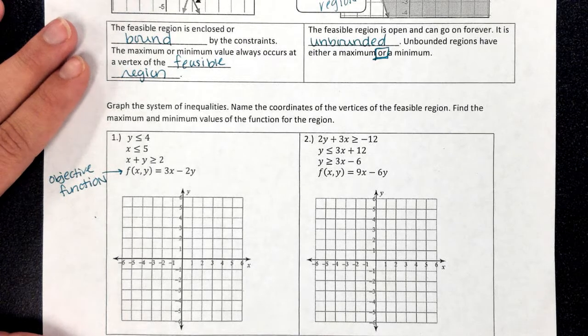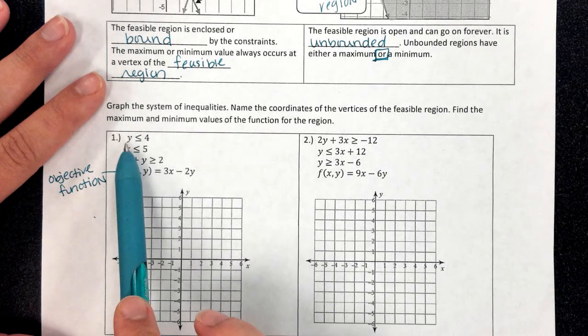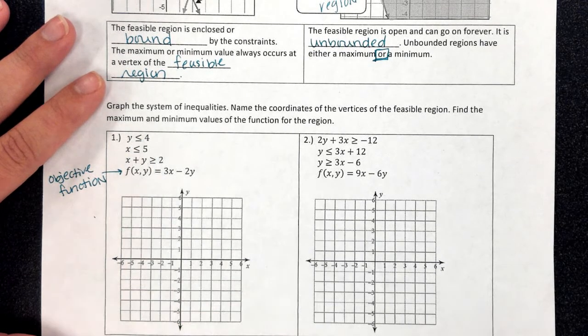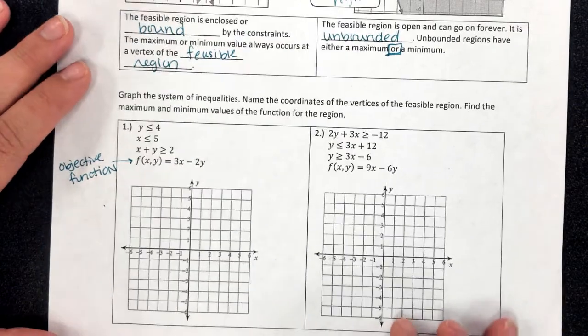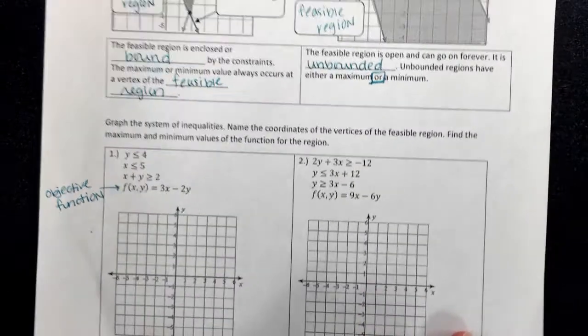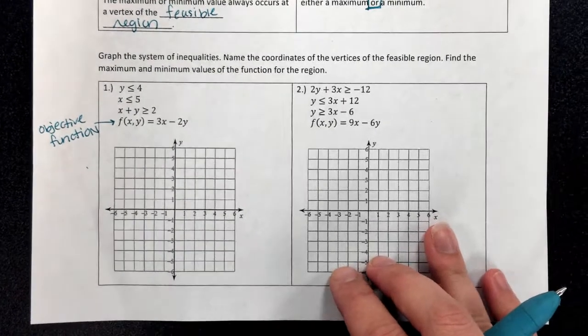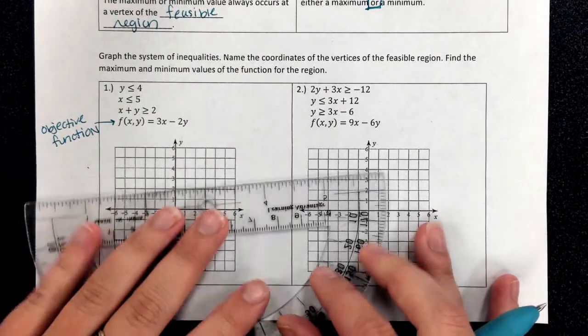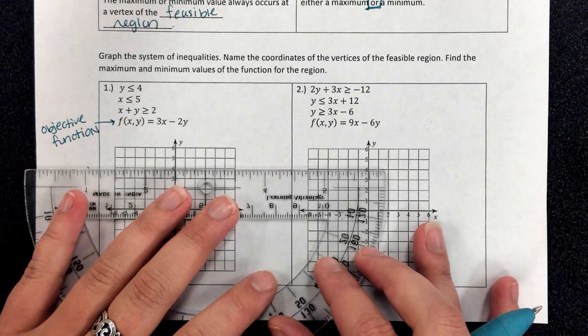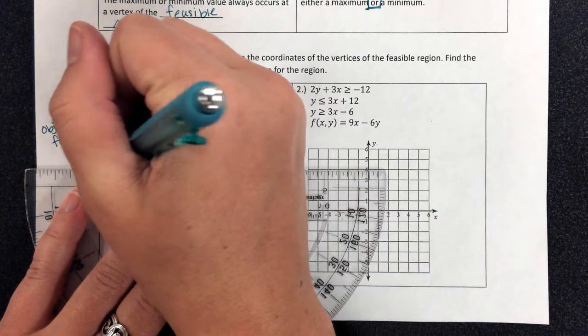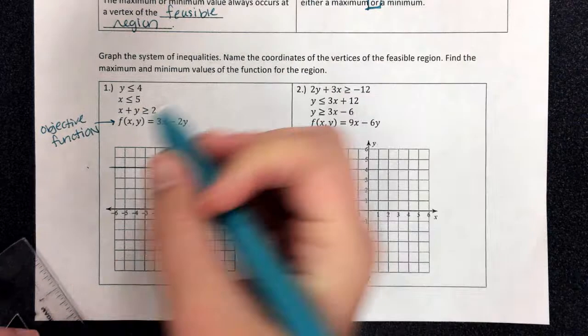Okay? So first constraint, y is less than or equal to 4. Is that a vertical or a horizontal line? A horizontal. It has to cut the y-axis. So at y is 4, I'm going to draw my horizontal line, and a line has arrows on the end.